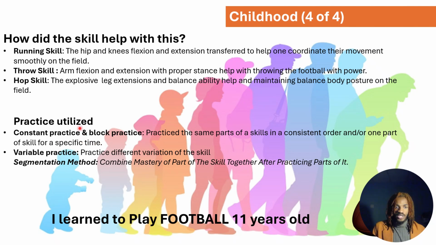And then after I got done doing that, I moved into variable practice, where I started to do different variations of the skills that helped me learn how to do the skills better. And after I had mastered the skill, I then implemented the progressive part method, which is basically when I combine all parts of the skills to help me execute the main skill. And after I had done that, it helped me to be able to play football at the age of 11.